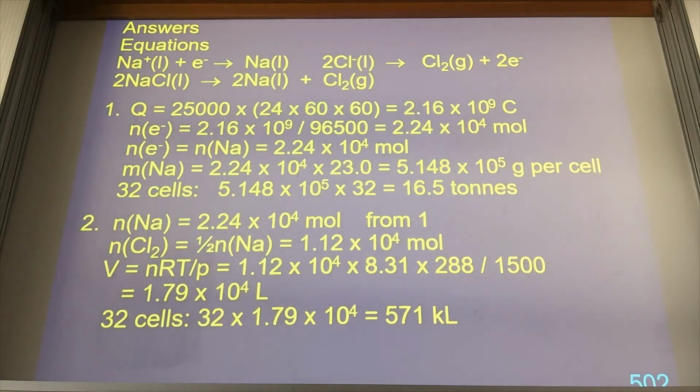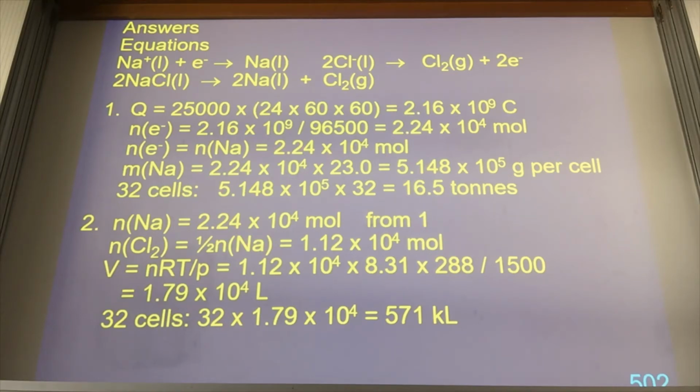What volume of chlorine gas? Well, you can go through and do it exactly the same as I did the previous one, or you can look at the overall equation. For every 2 moles of sodium, you're going to get 1 mole of chlorine gas. So we'll just use mole ratios on the number of moles of sodium that we worked out previously.